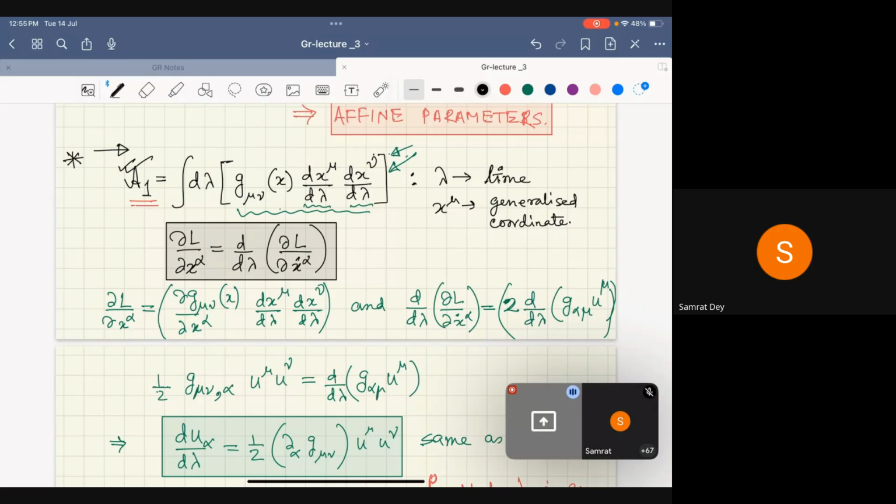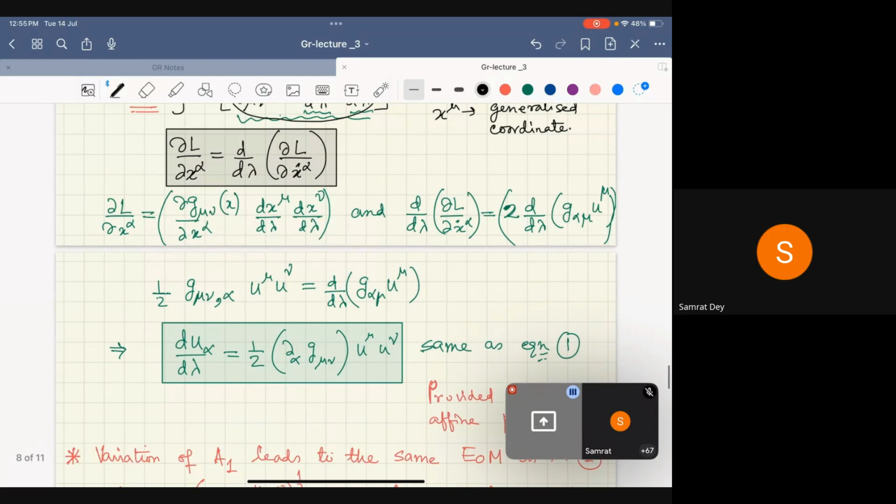So you can actually write down the Christoffel symbols by studying the geodesic equations. What is the benefit of that? Because Christoffel symbols otherwise will be extremely large in number.